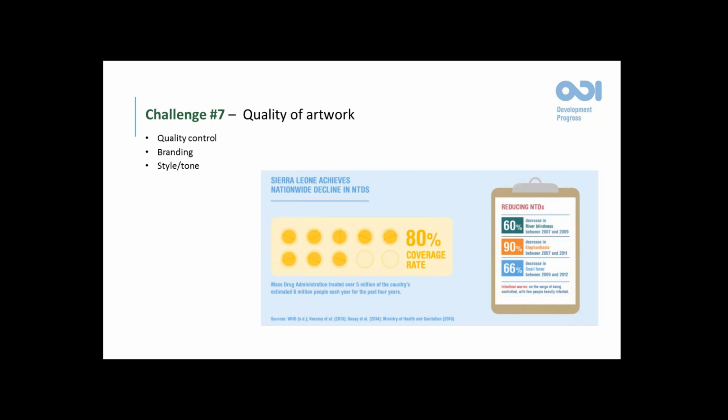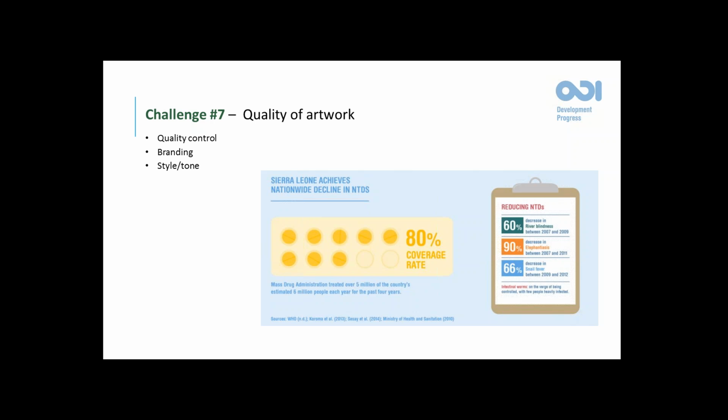careful here. So this is an example of an infographic that we produced for our Sierra Leone case study, this was pre-Ebola, looking at the amazing achievements it's made in reducing neglected tropical diseases in the country.